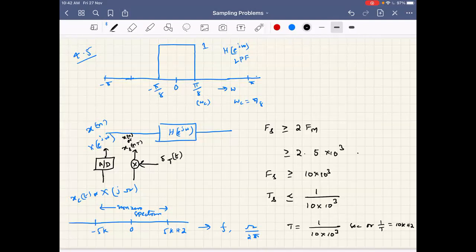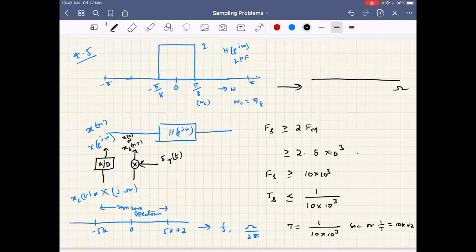That means if I want to map this small omega axis to the capital omega axis, and sketch this filter in continuous frequency, what should the cutoff frequencies be? That's the question.